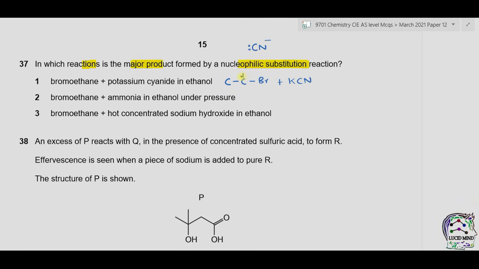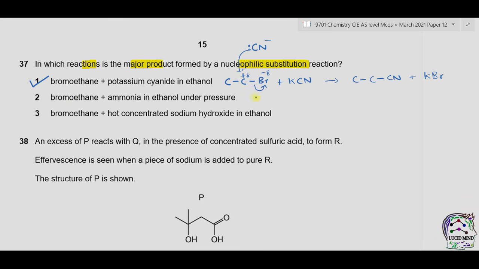This nucleophile will attack the partial positive carbon, and the Br is eliminated. So this is called nucleophilic substitution because CN negative is a nucleophile. The product formed will be CH3CH2CN plus KBr. As this product is formed by nucleophilic substitution, this one is correct.